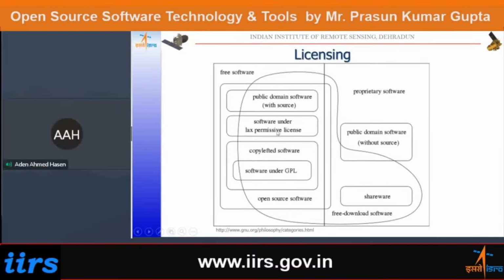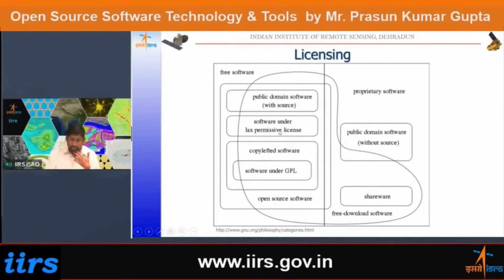Then there are softwares which are under a Lesser General Public License, or LGPL. That is a permissive license, which says that, okay, you've got a software for free, and you have invested some time, money, effort in making it better.